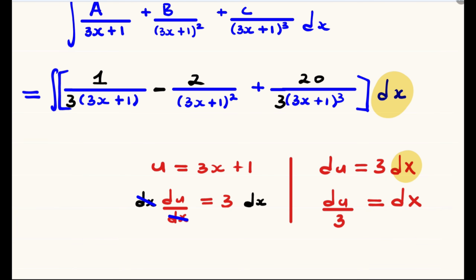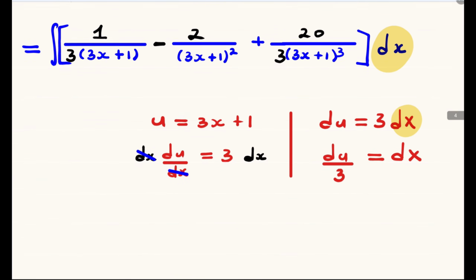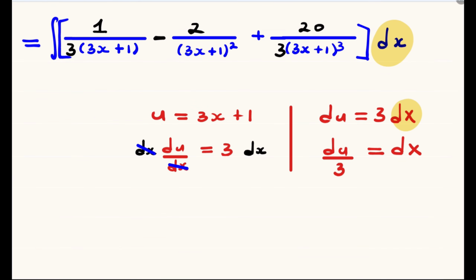So in the place of the dx, we will substitute du over 3, and in the place of the 3x plus 1, we substitute u.